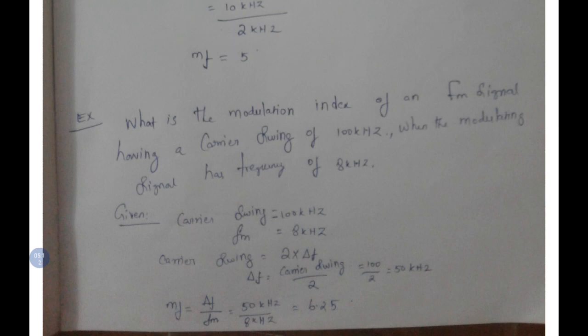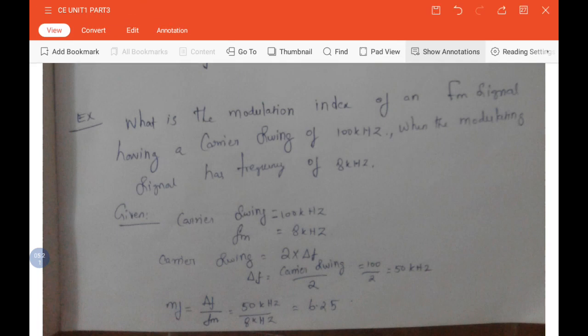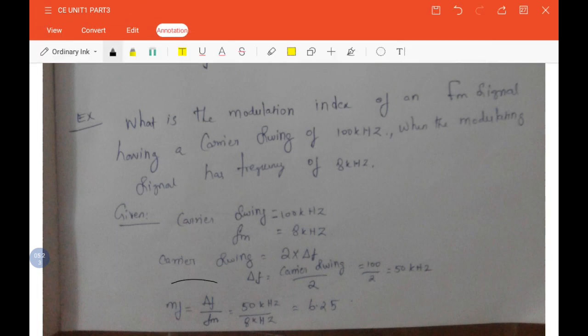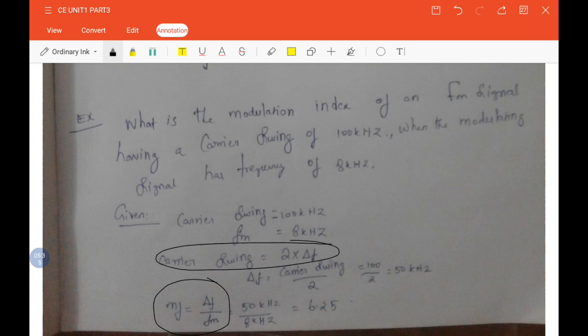For calculating the modulation index, that means you want to calculate MF, the formula is del F by FM. But we don't have the del F value directly. We have only the carrier swing. The carrier swing is nothing but 2 times del F. So from that carrier swing, first you calculate the del F value. So del F is equal to carrier swing by 2.